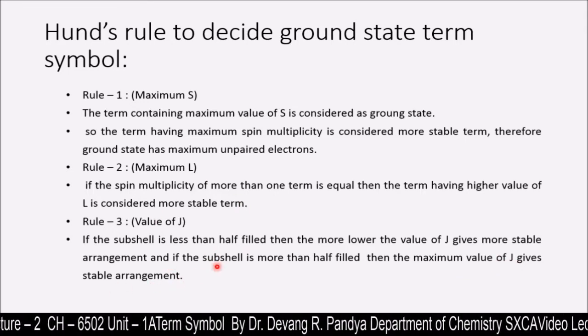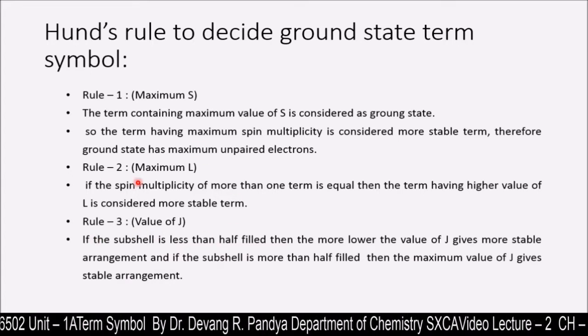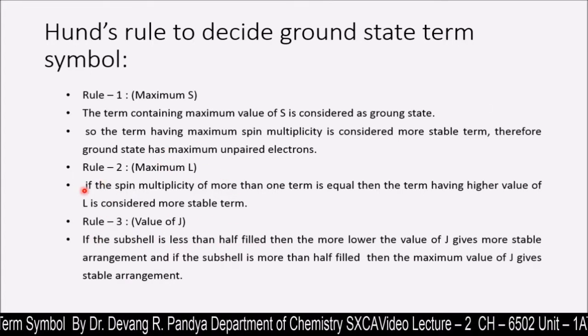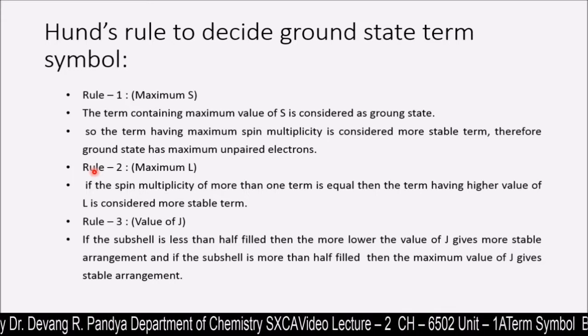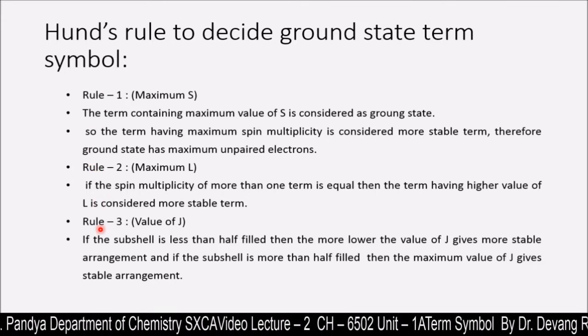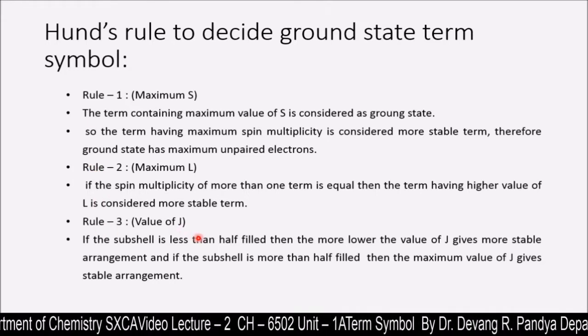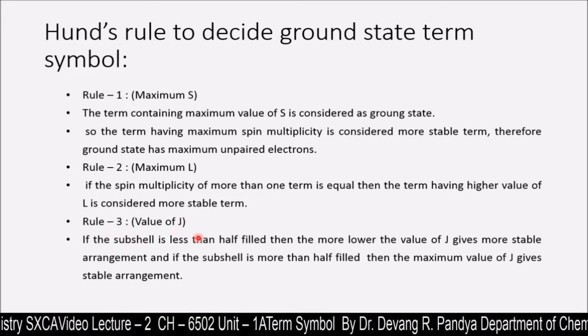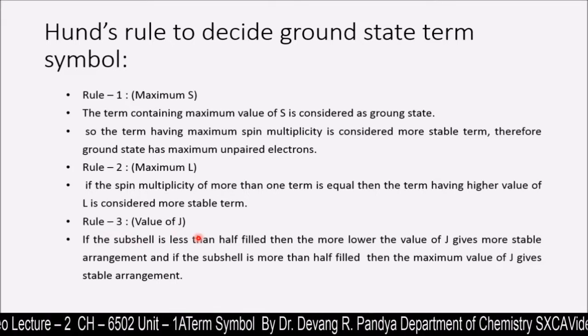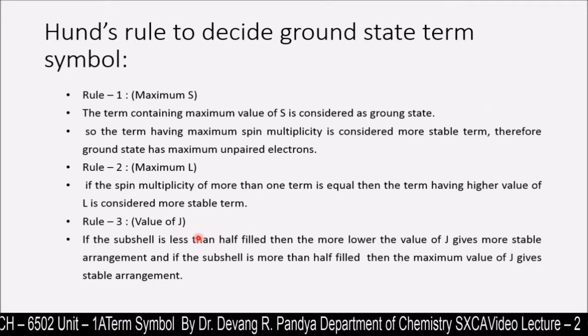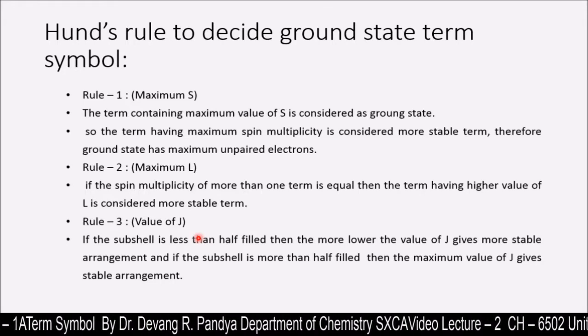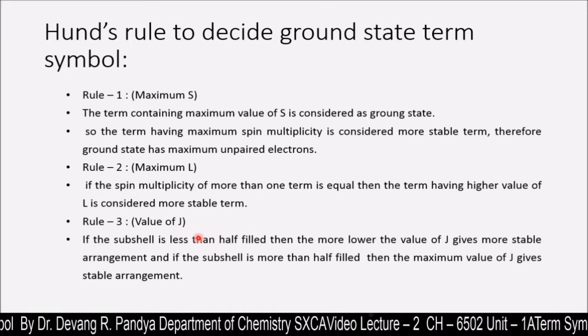Here we are discussing this Hund's rule using the example of the p2 configuration. So when we consider this third rule for the p2 configuration, we have triplet P1, triplet P2 and triplet P0. That means the triplet spin multiplicity is similar, P, that is the value of L, is similar.